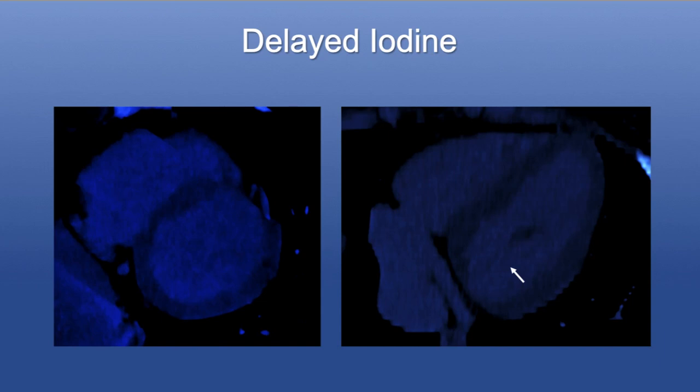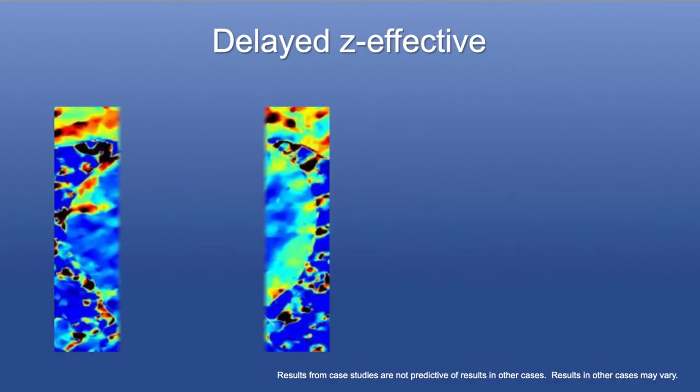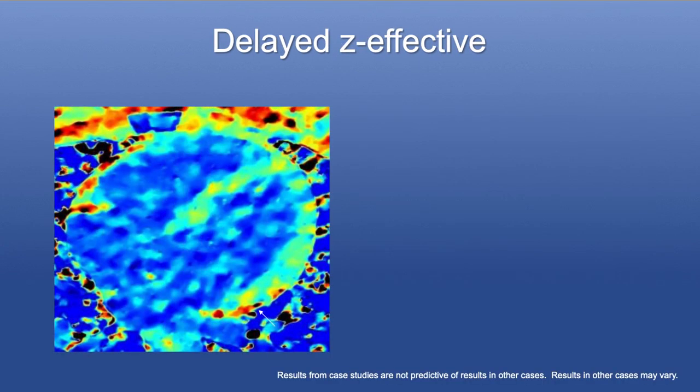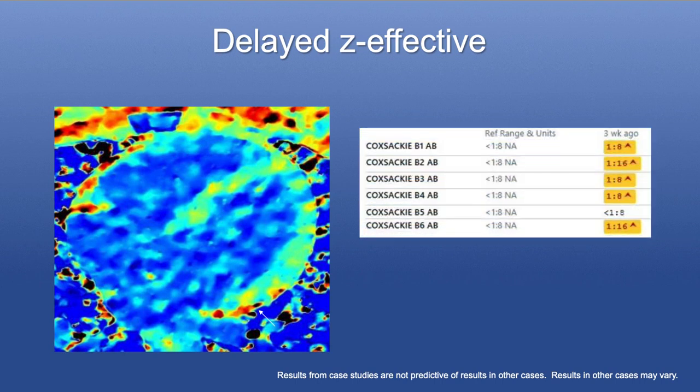So we decided to do a delayed iodine acquisition. Here we see that it's not that clear. The images from the traditional imaging for delayed iodine can be tricky, and sometimes you may not be able to fully see if there's delayed iodine or not. But when we look with the C effective in this case, it's a lot more clear that there was delayed iodine in the inferolateral wall in this patient.